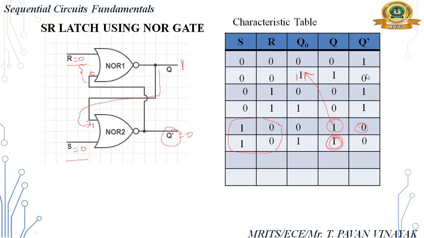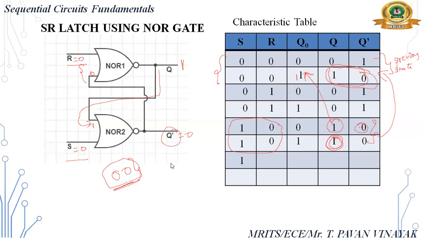So 1, 0 means the previous value. Whenever 0, 0 occurs, we get the previous state.